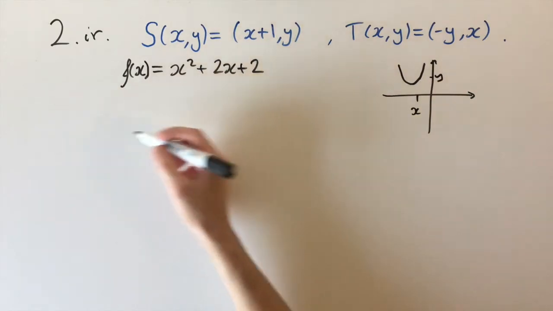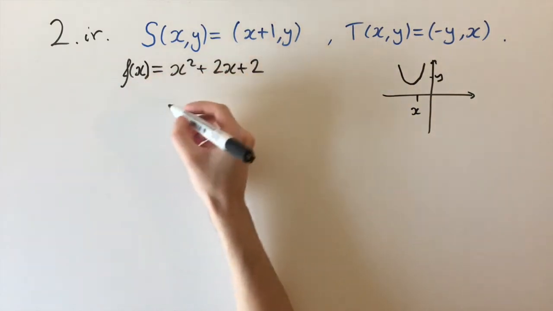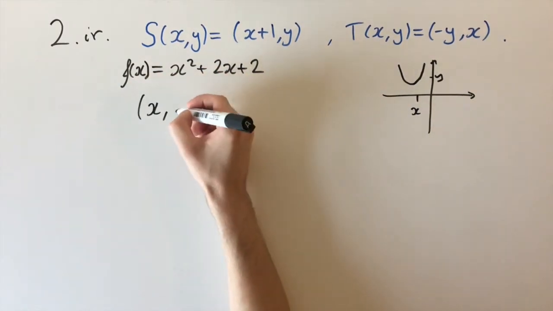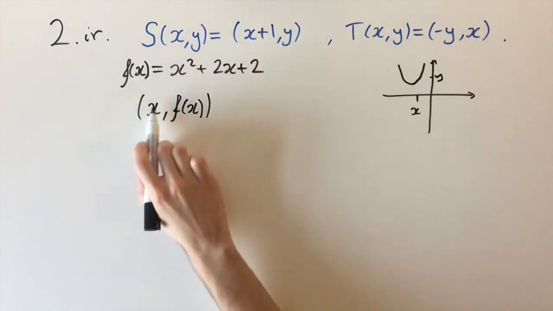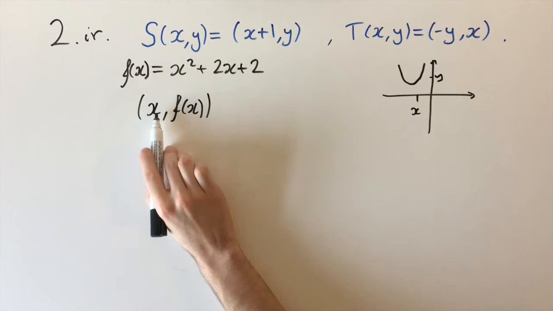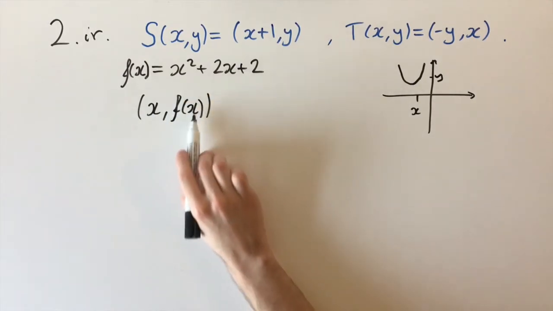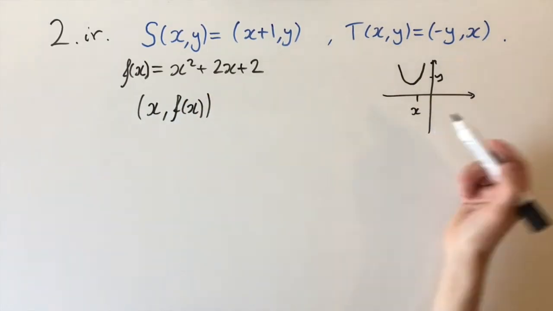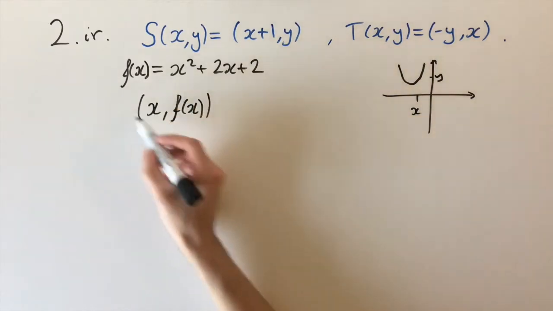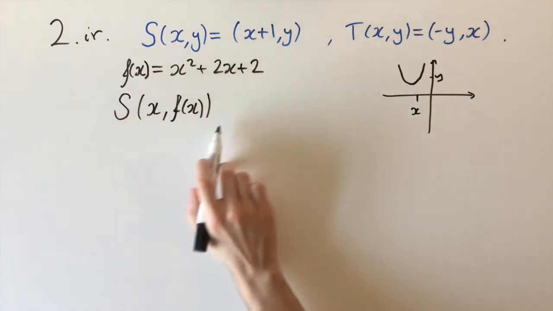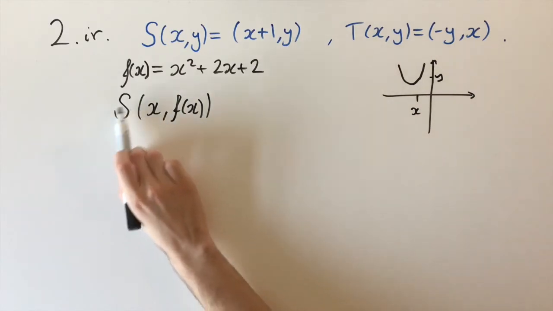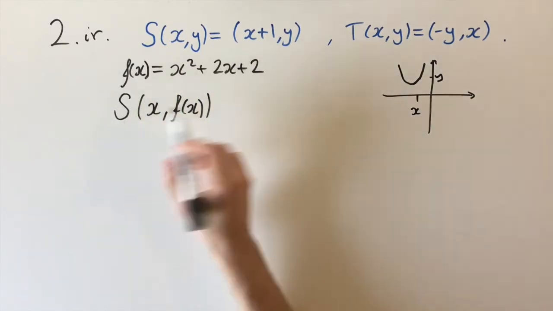So with this idea in mind, we can write any point on this parabola as (x, f of x). We take the x input, and f of x gives us the height, the y coordinate. This is just what we've drawn here. Now we can work out analytically what the image under the transformation s is.